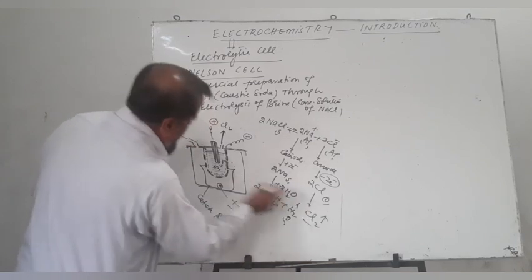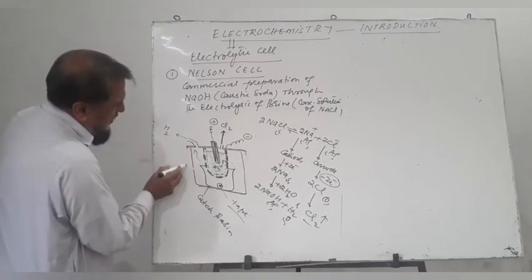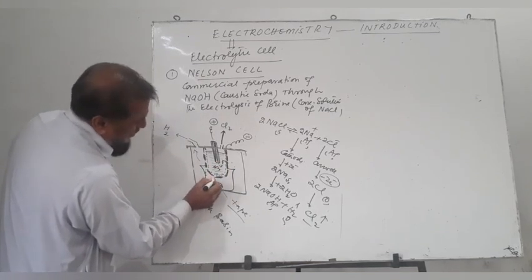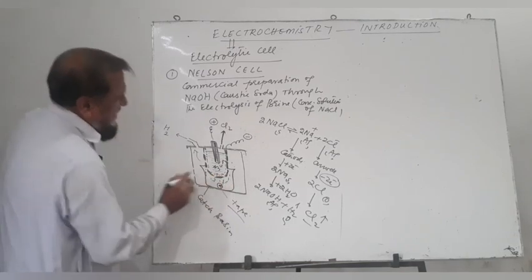The hydrogen gas escapes through the specific hole, and the sodium hydroxide solution trickles down through the holes into the catch basin from where it is taken out.